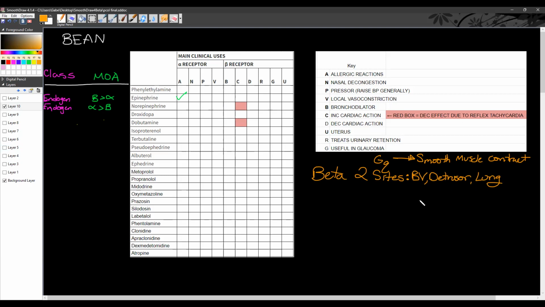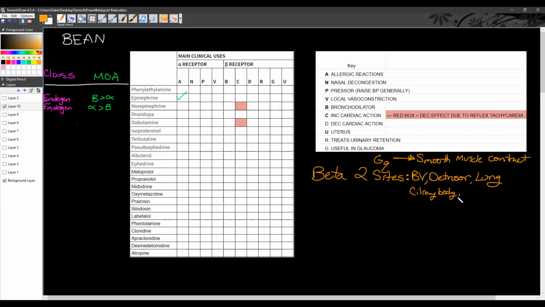Also, we have things like, in the eye, right? We can use some beta drugs for the eye. And what's the effect of the beta drugs? What specific tissue in the eye? Is it going to be the ciliary body, or are we talking about the muscles? Yeah, exactly. Aqueous humor production.